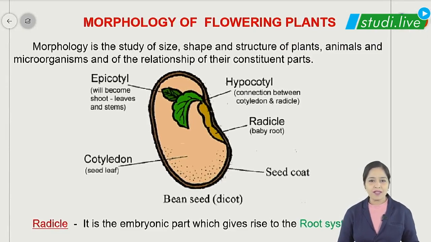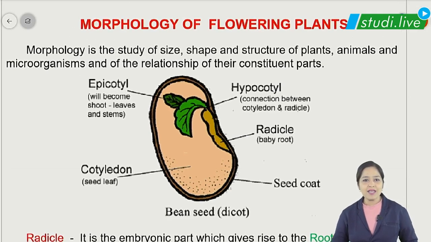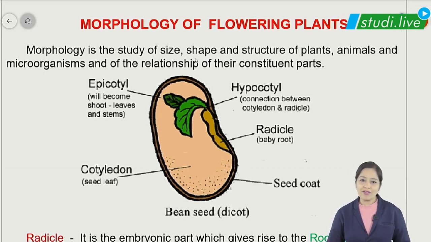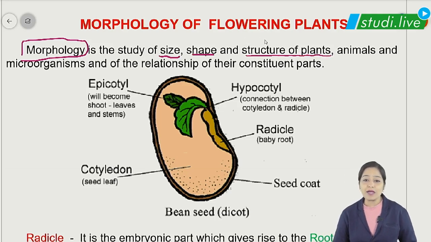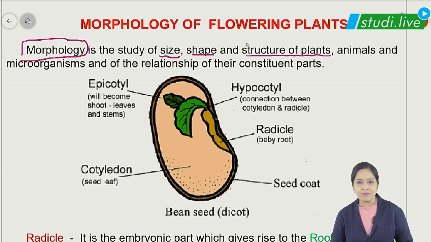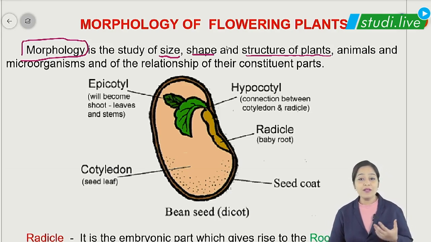It is the study of the size, shape, structure of plants, animals and microorganisms and the relation of their constituent parts. So the meaning of the word morphology is the study about the size, the shape and the structure of plants. The name of our chapter is Morphology of Flowering Plants, so in this chapter we are going to see only the aspects of plants. But when we look at the term morphology, it is a generalized term where we look at the structure of plants, animals, microorganisms and their relation with their constituent parts.